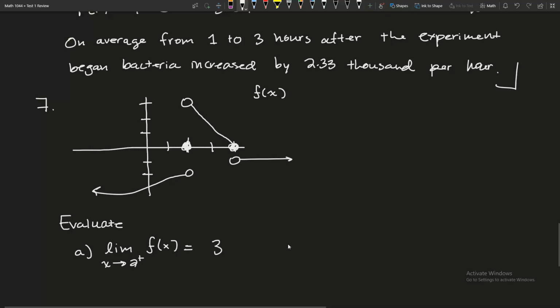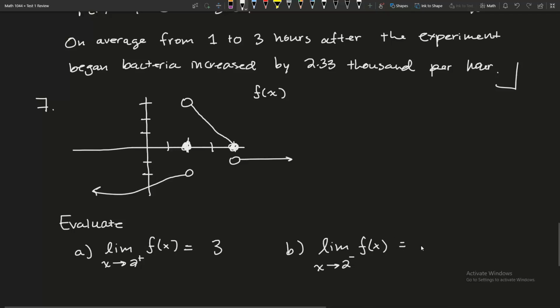Now, on the other hand, what if we approach from the other side? Let's say we had the limit as x approached 2, but from the left. Well, then you'd be following this curve on the bottom, going to this lowest open dot. It would be traveling toward 2 from the left on this bottom curve, and it looks like it's going to that dot, and that dot has a y value of -2.